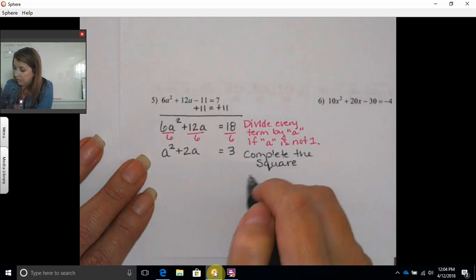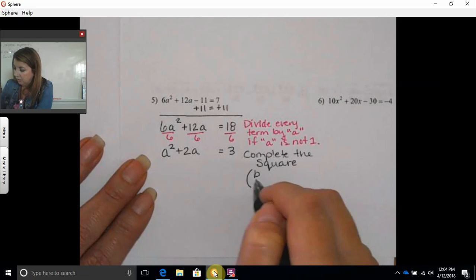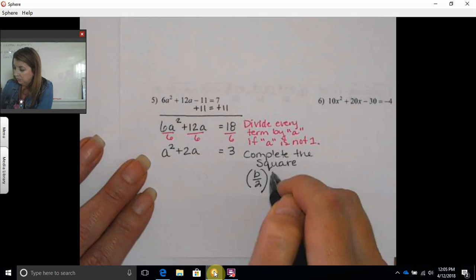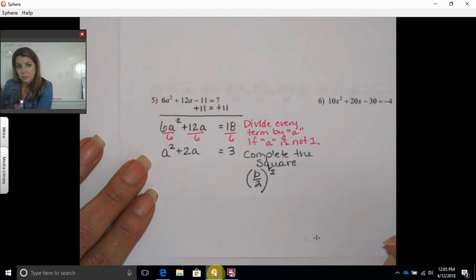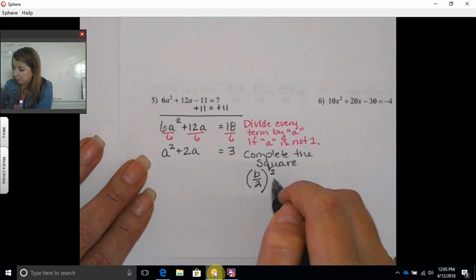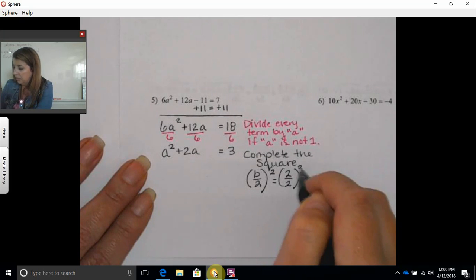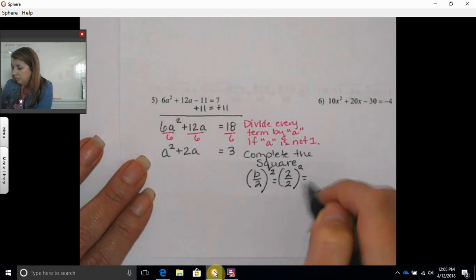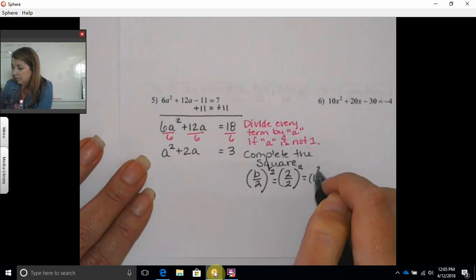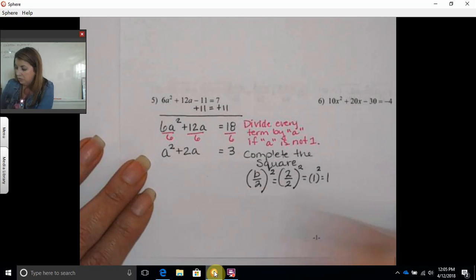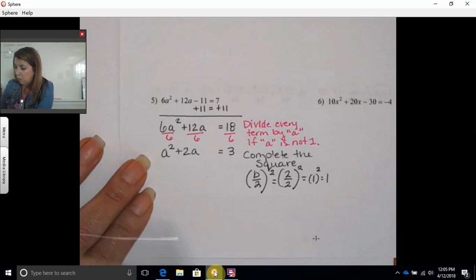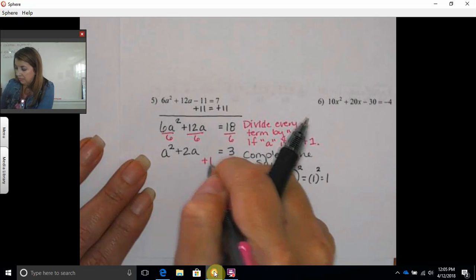To do that, you take your value of b, divide it by 2, and square it. In this case, what is b? 2. So 2 divided by 2, quantity squared. 2 divided by 2 is 1, and 1 squared is 1. Make sure you add 1 to both sides of the equation.